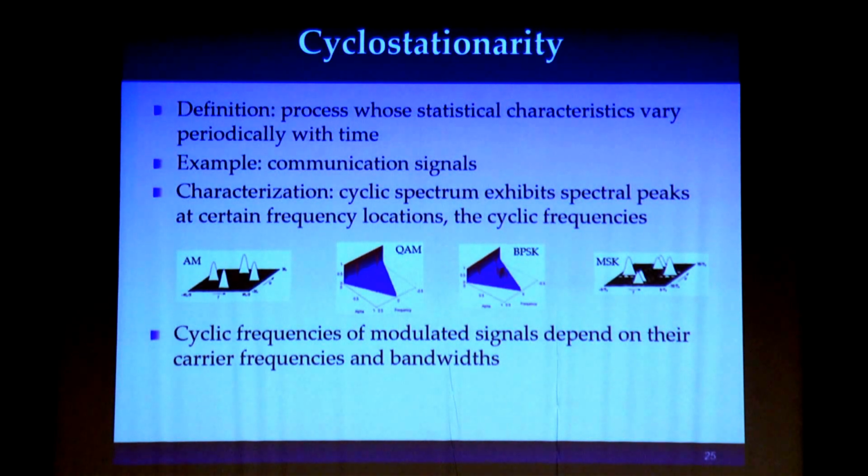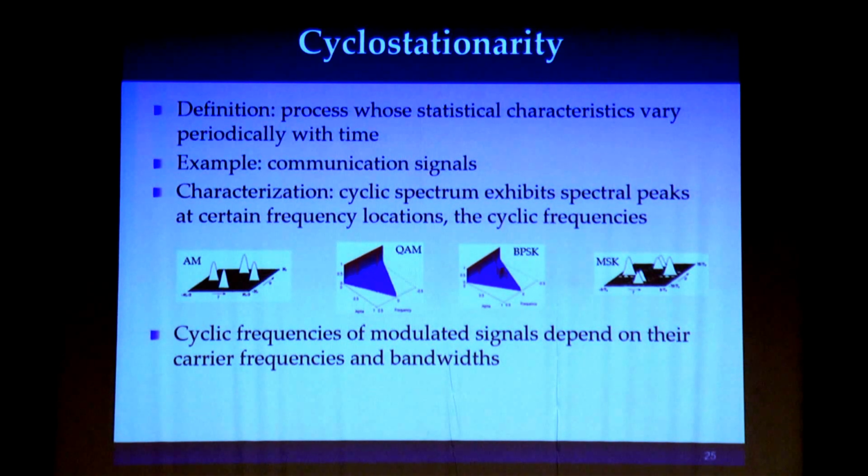What we're going to do is exploit a certain property that communication signals have that is not shared by stationary noise. This property is called cyclostationarity, and it is a property of processes that have statistics that vary periodically with time.